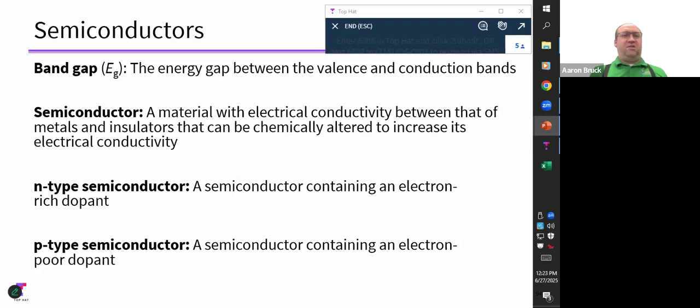What's the difference between the two? Well, an N-type semiconductor is doped by adding an electron-rich substance.